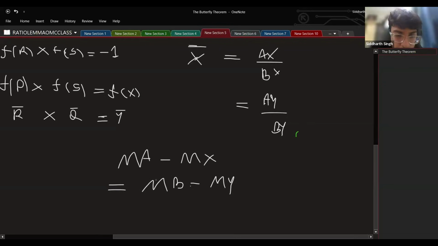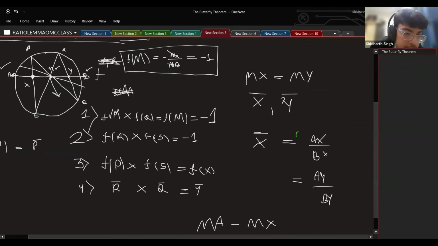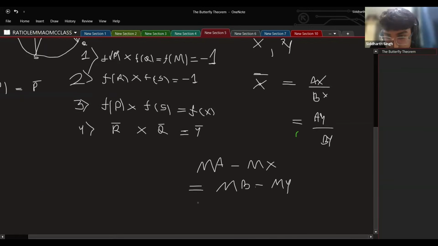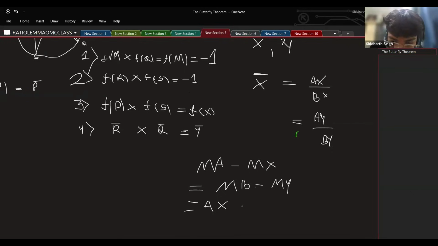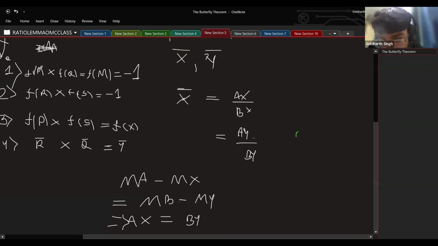But now ma minus mx is just ax, and the other thing is just by. Nice. And similarly, stuff just works out.